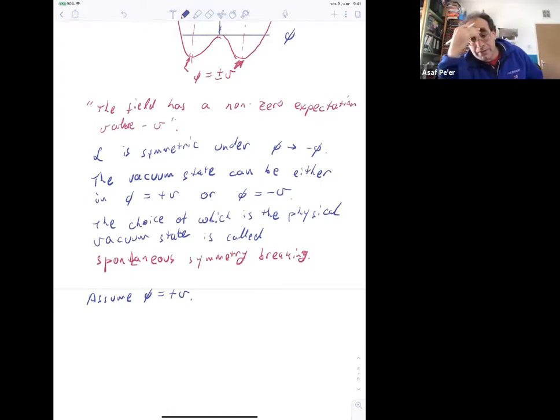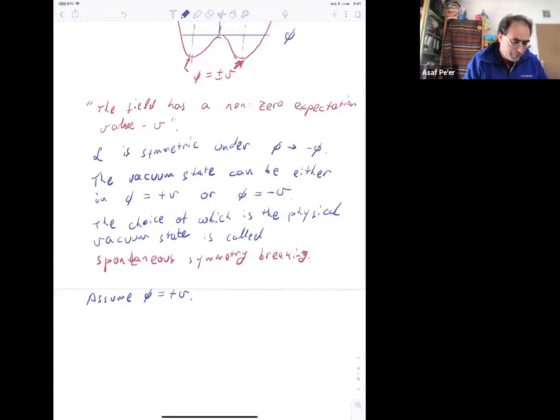Now, this is the ground state, right? So this is the vacuum. Now we want to get particles, so we want to get excitation about that. So let's consider a perturbation, but the word perturbation is a bit misleading here because it doesn't have to be a small perturbation. It just has to be a perturbation that still stays here in this positive half, right?